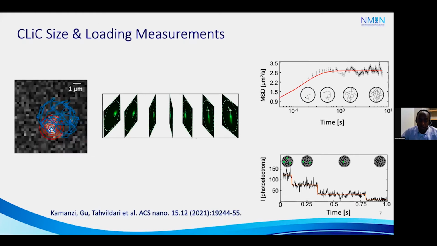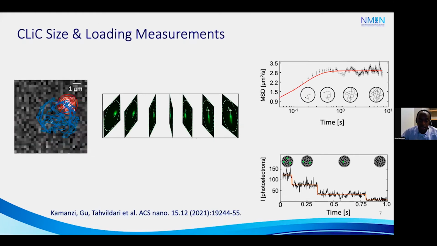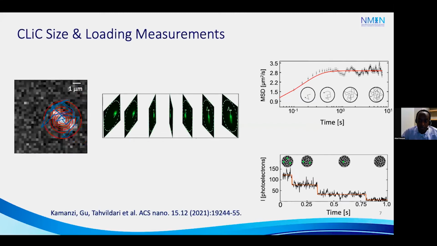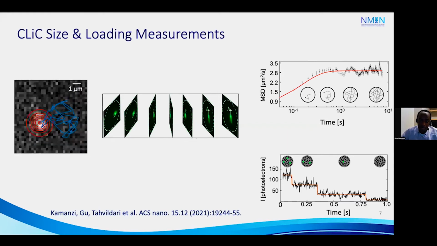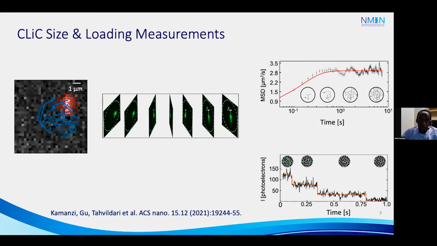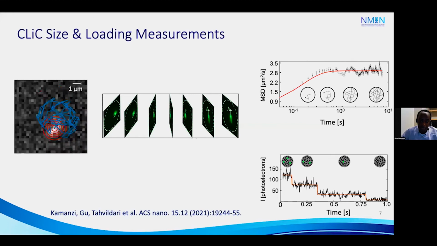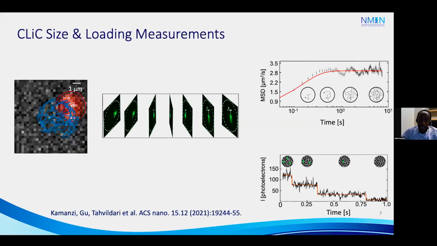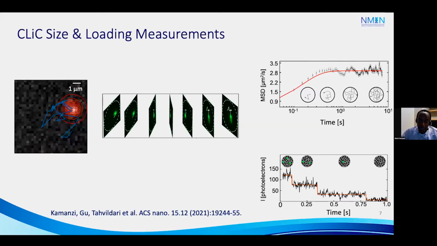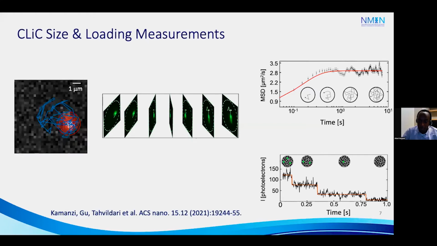Hence, from these measurements, we get both size and intensity, or loading, per particle. And by performing this on thousands of particles, we can then build distributions of size and distributions of intensity from single particle measurements. And since these come from the same particles, we can then correlate the two distributions to get information about the structure of these nanoparticles.